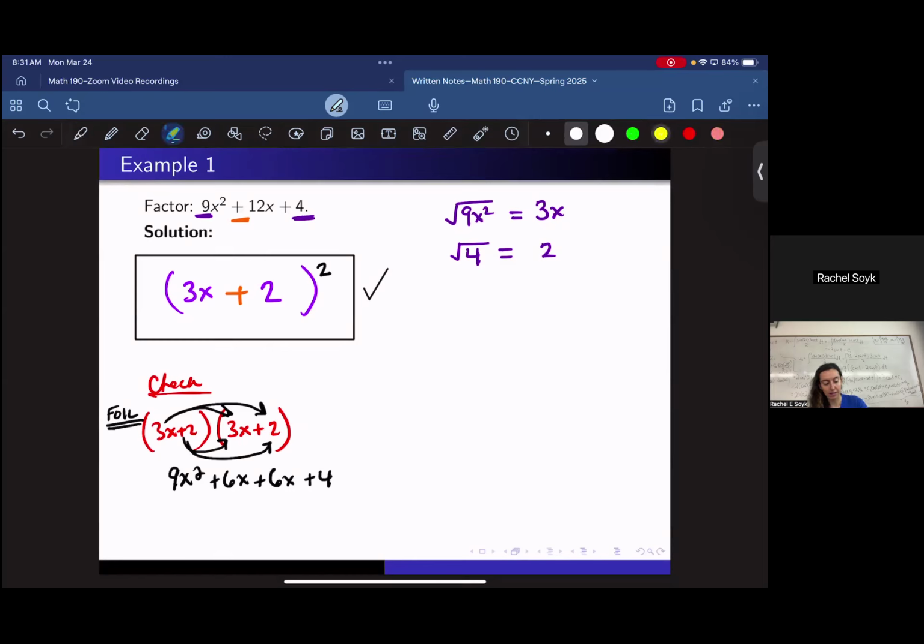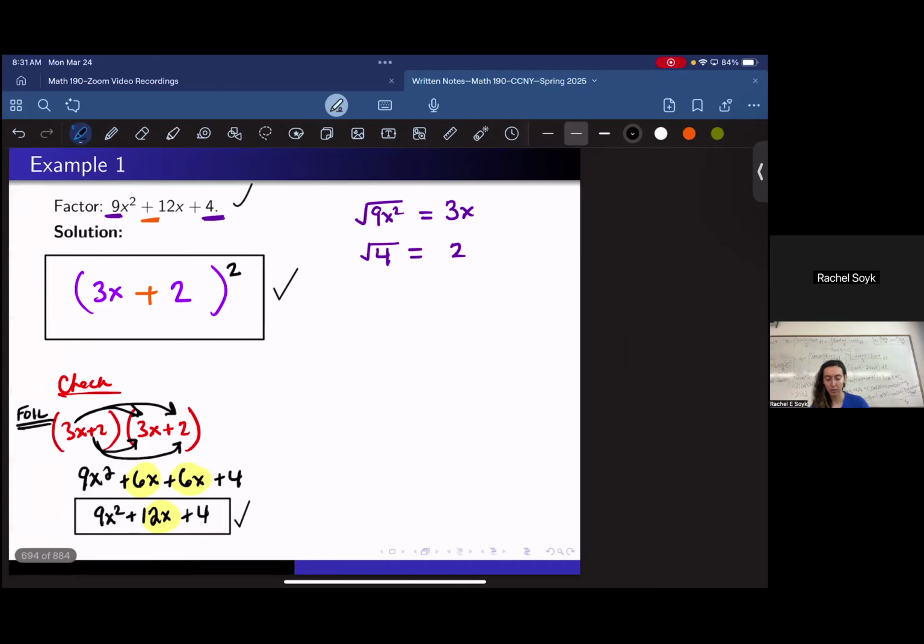Let's combine like terms. We have a 6x and another 6x, which adds up to 12x. And so our final trinomial is exactly what we started with, which means we factored it properly. Okay. Questions at all?